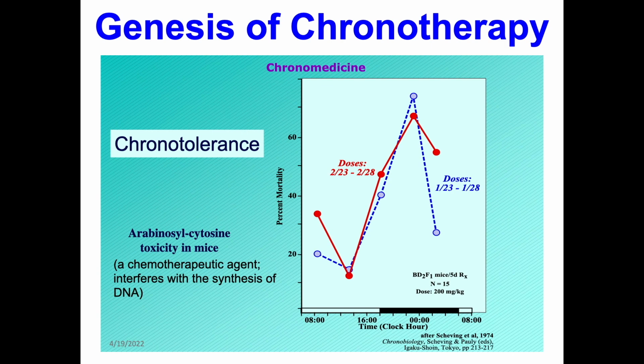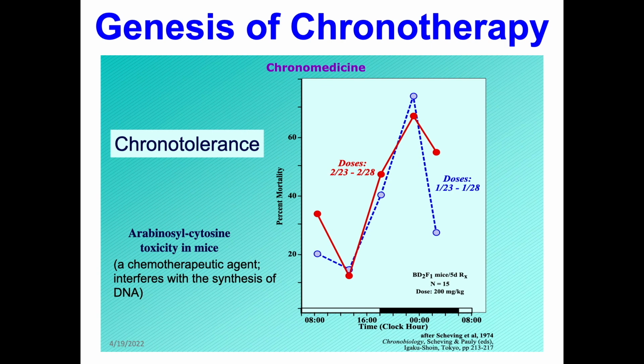However, if you look at this picture, the percent mortality was minimum when it was delivered during their rest span, or in the morning hours. It seems that the drug was better tolerated in the morning hours or in the rest span, whereas it is least tolerated by the animal during the middle phase of the dark.